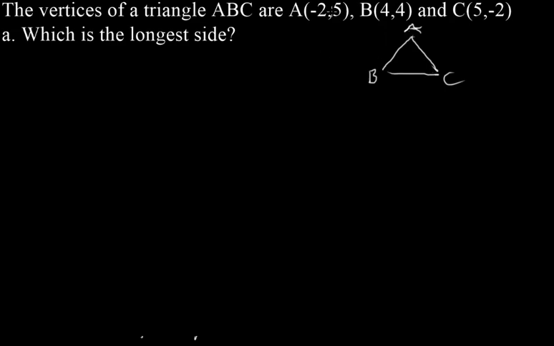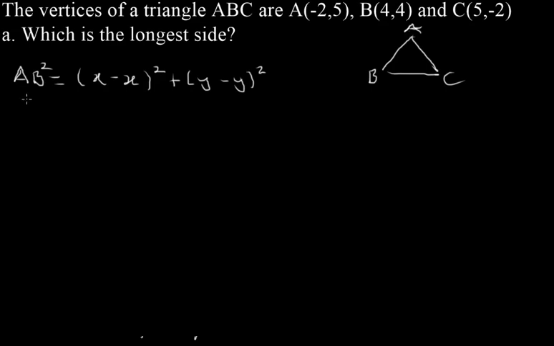So we've got AB, we've got BC, and AC. So let's start with side AB. So we know that, going by what we've learned by the Pythagoras Theorem, to find AB we would have AB squared is equal to x minus x squared plus y minus y squared, right?